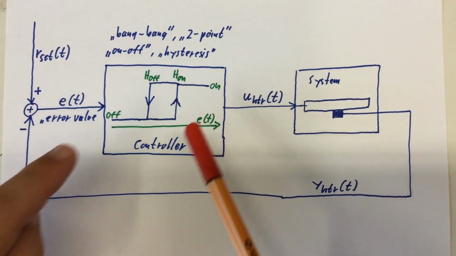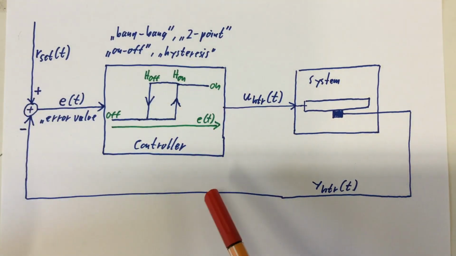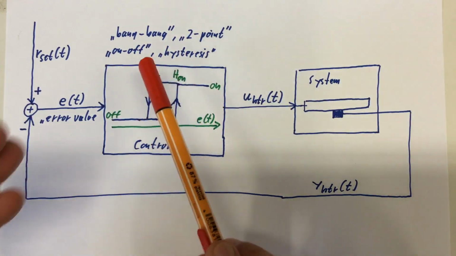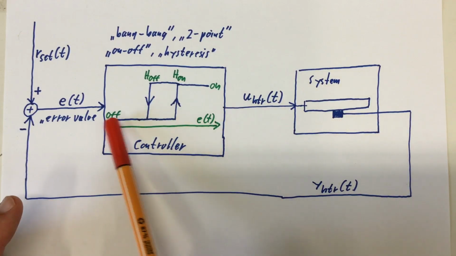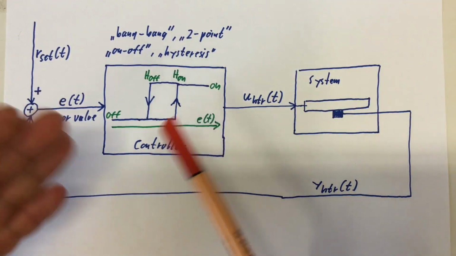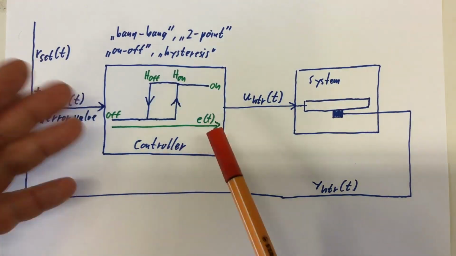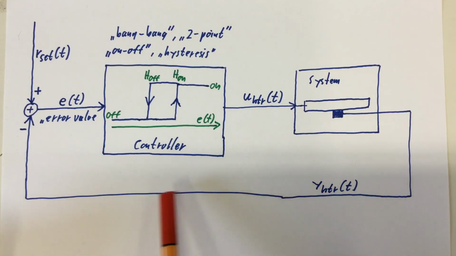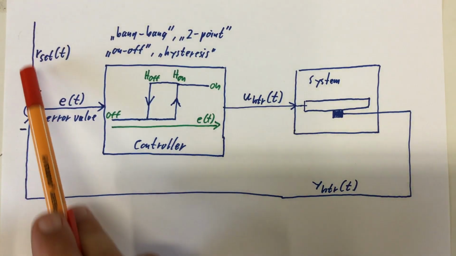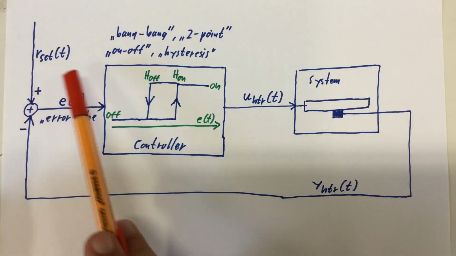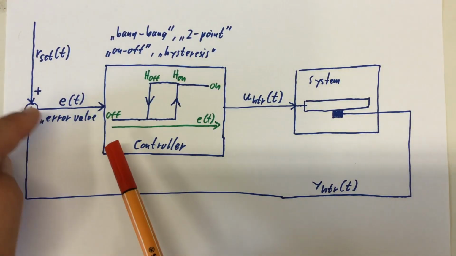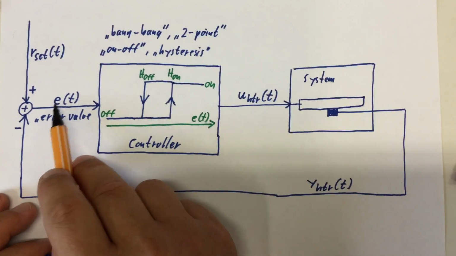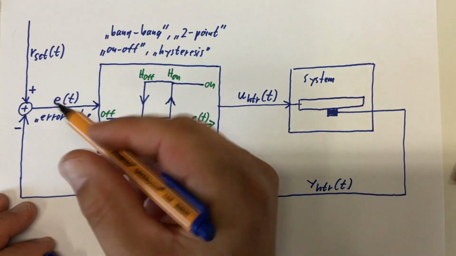And the controller I want to try first is a so-called bang-bang or two-point or on-off or hysteresis controller. And if you look at the picture, it very much looks like a Schmitt trigger, and that's basically what it is. So our Y heater, our heater temperature, is subtracted from our set temperature, and that gives us, we haven't seen that in the other picture, an error value, E, changing over time, of course.